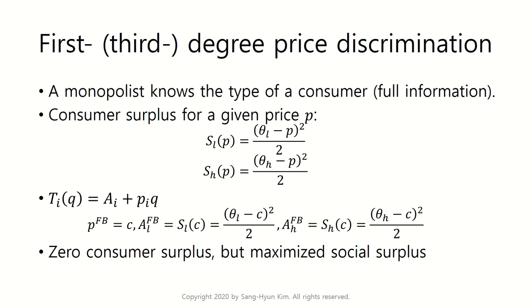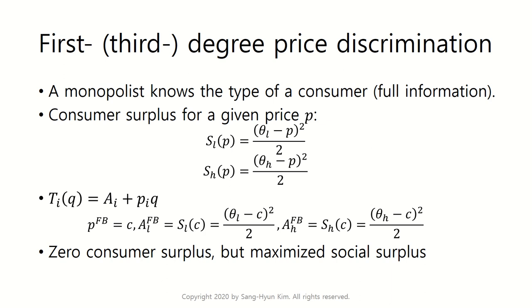So you lower the marginal price as much as possible to maximize the joint surplus, and then you extract all the surplus generated by this transaction using the fixed fee A. The low type consumer consumes theta L minus C, right?